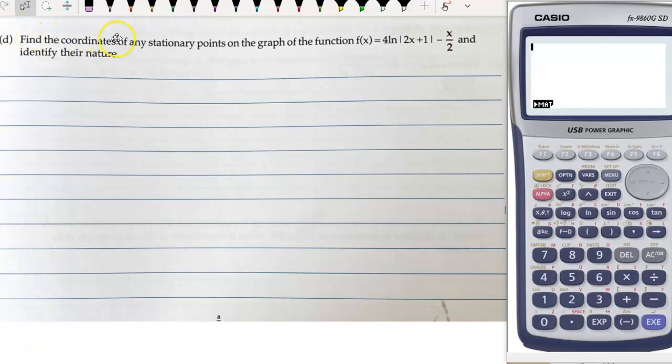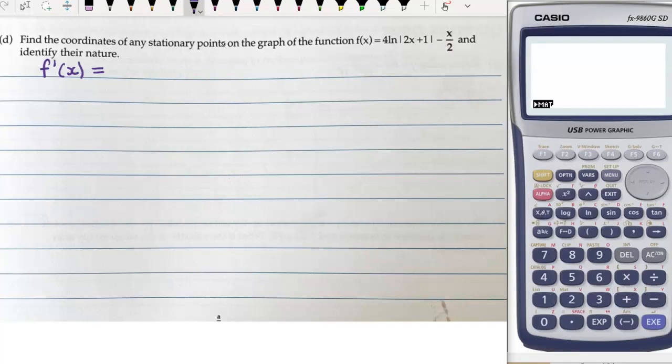Okay, for this one we are finding the coordinates of stationary points, so that means we're going to differentiate and set it equal to 0. So let's start by differentiating. If we are going to differentiate this function, we have a natural log to differentiate first and then this piece to differentiate afterwards. You just do them as two separate pieces.